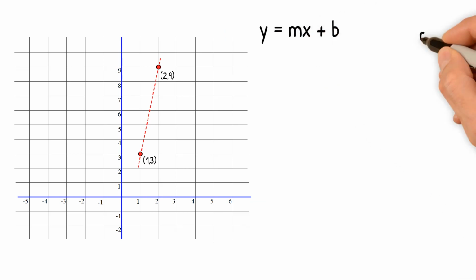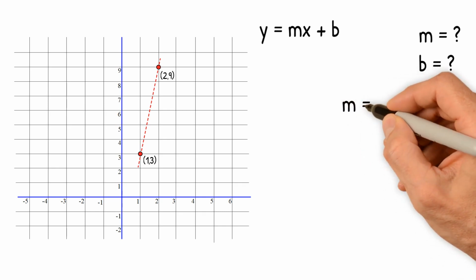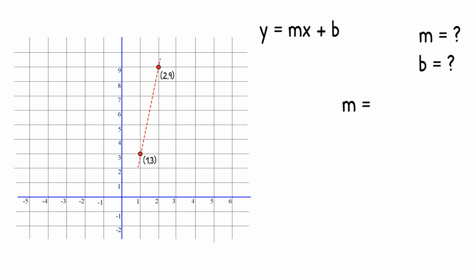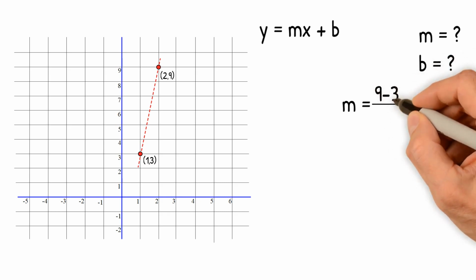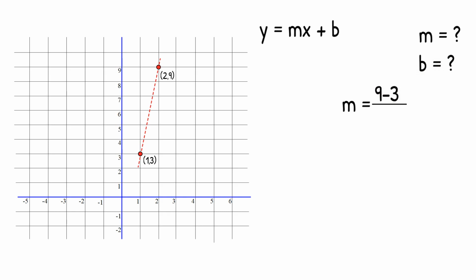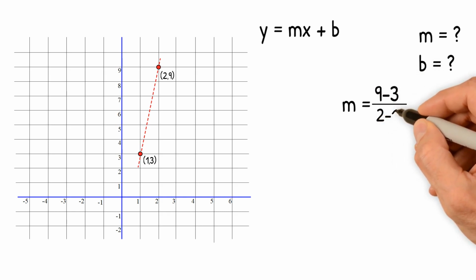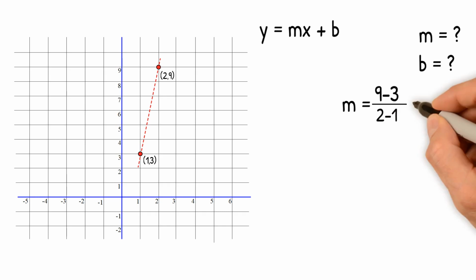We need to find what m is equal to and what b is equal to, m being the slope and b being the y-intercept. Let's start with m first. Since m is the slope of the line, we can compute the slope between these 2 points: second y minus first y divided by second x minus first x, or in this case, m equals 9 minus 3 divided by 2 minus 1, which equals 6 divided by 1, which is 6.